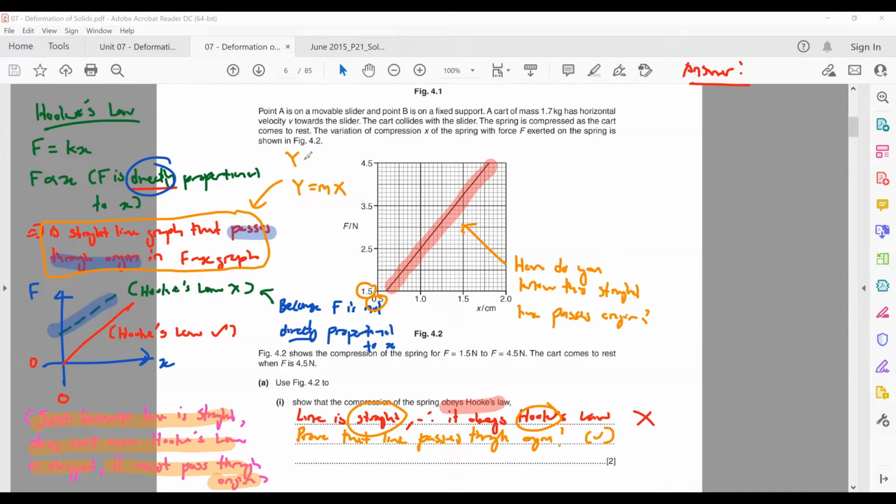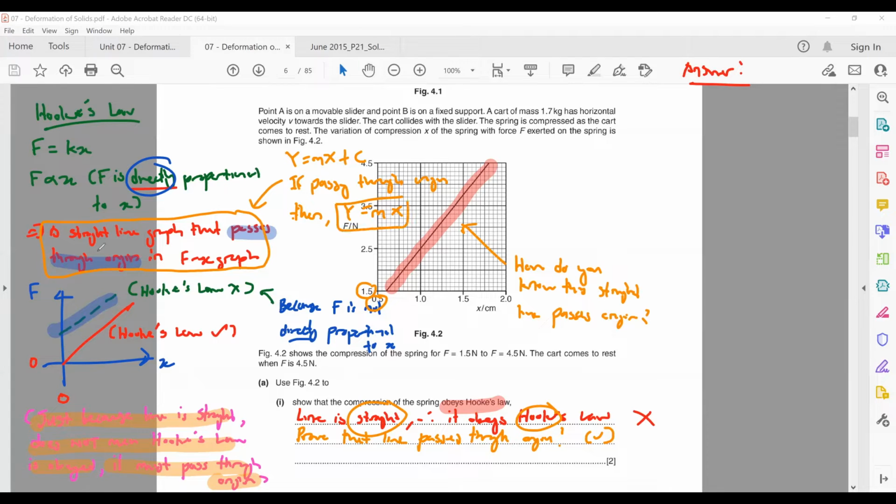I mean, it should be y equals to mx plus c, but because it is passing through origin, then y is equals to mx itself.